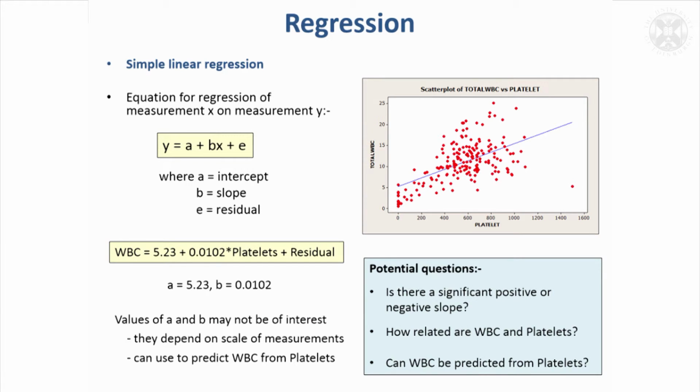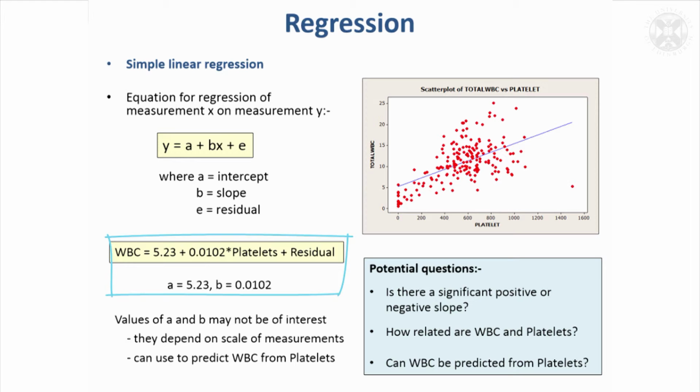So in our case, our equation looked like this. We're trying to fit a line to give us white blood cell count, which is on our y-axis, and we find that the value of A was 5.23, so it's this value here at 0, and the slope was quite small. Note the slope isn't the correlation coefficient, and it's very dependent on the scale of the data. So because platelets is on much bigger scale, it's not surprising that this value for the slope is quite small.